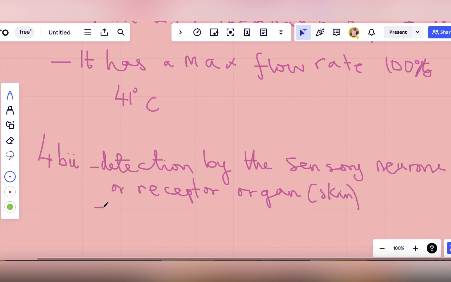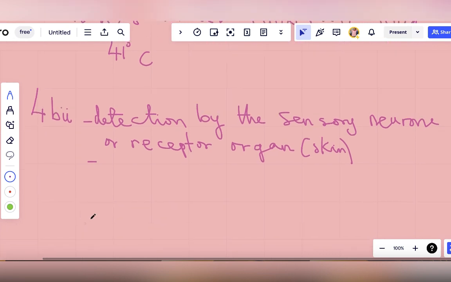Another point we can make under this type of question is the sensory neuron sending the impulse to the brain. So I will just summarize it like this: sensory to brain.